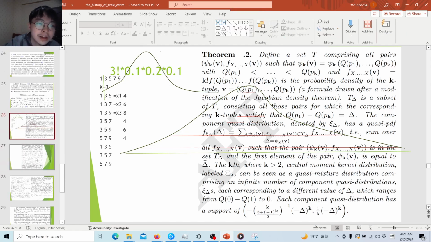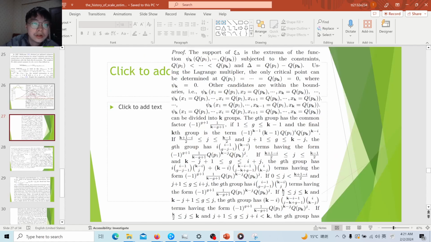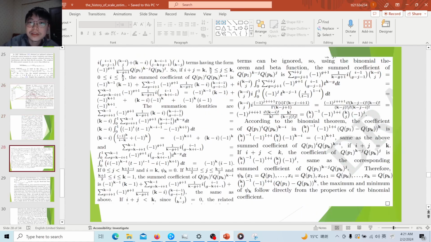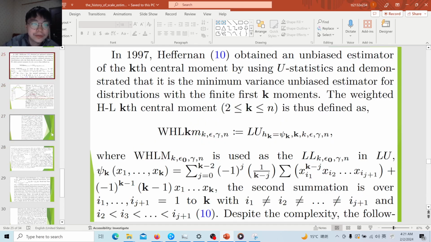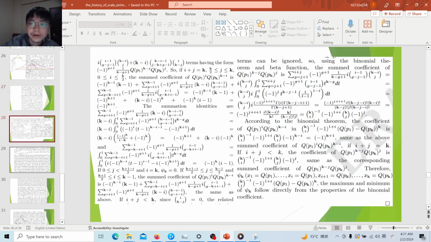Indeed, we prove that each component quasi distribution has a support, and this support is directly related to these differences. If the component quasi distribution has very small pairwise differences, the support will be very small. The proof of this support is very complex; you need to decompose this complex function and find an equivalent.